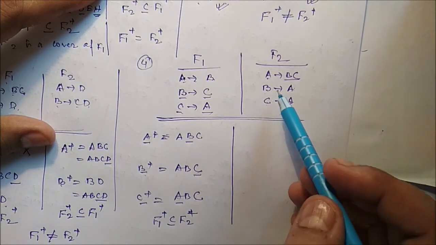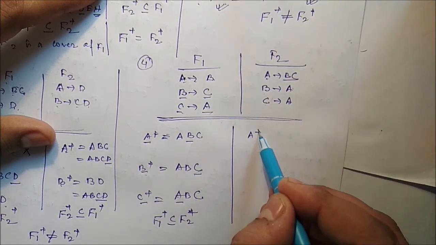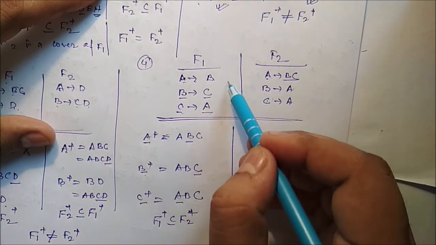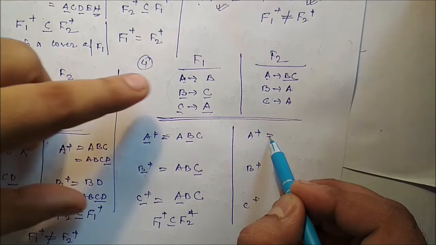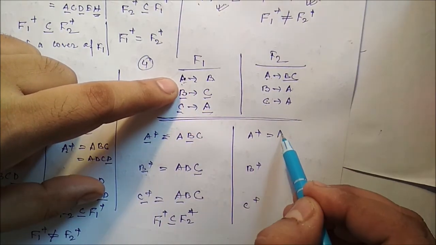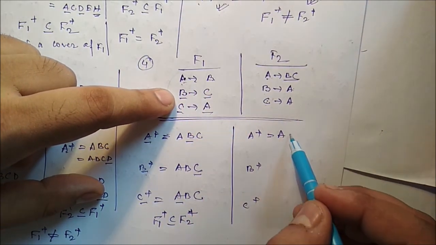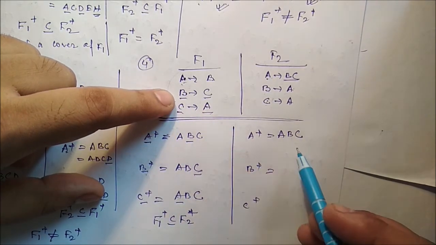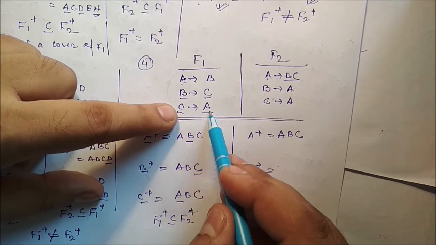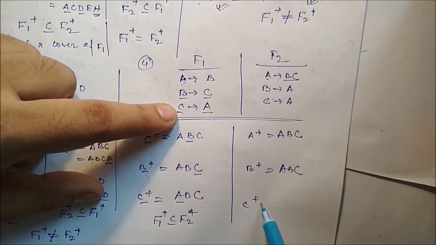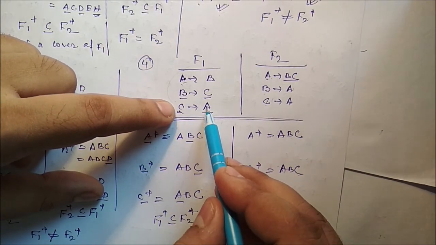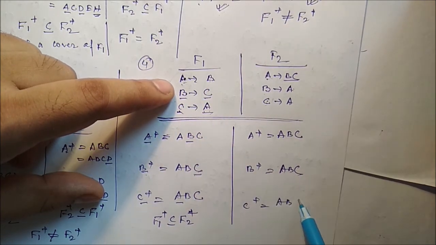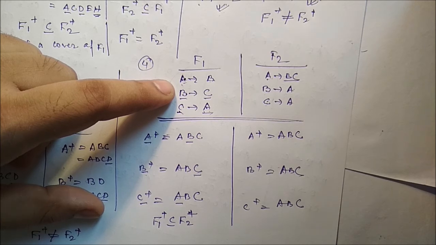Now here we have to check the A cover, B cover and C cover for this ABC, but we have to use this FD. Using A we can identify A as well as B as well as C. Using B we can identify A, B as well as C. And using C we can identify A, using A we can identify B, using B we can identify C. That means ABC.